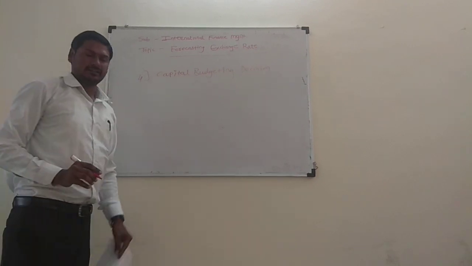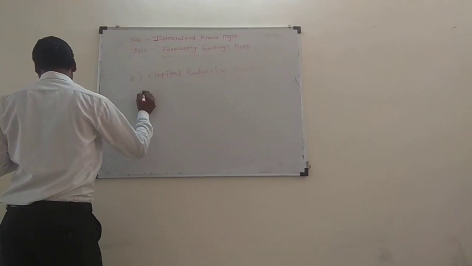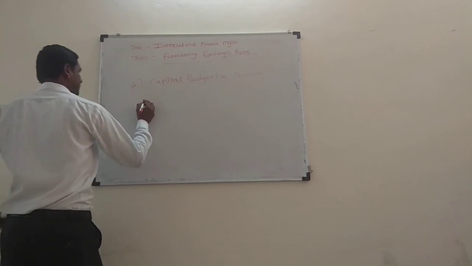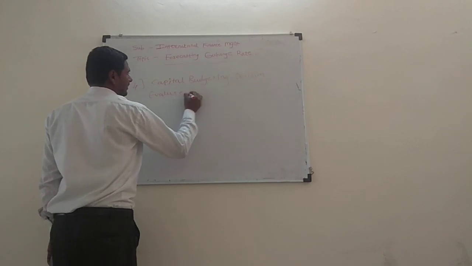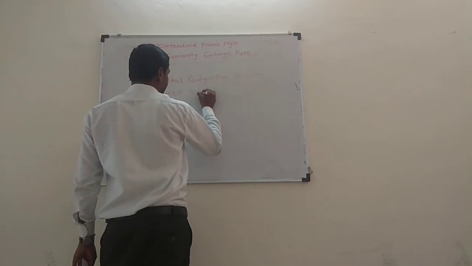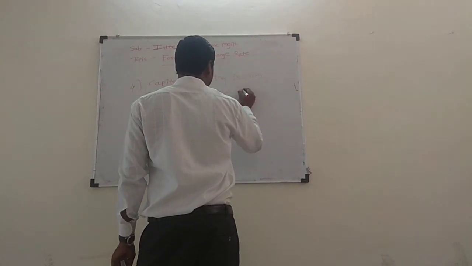In the capital budgeting decision, we are evaluating the potential. What is it? It's evaluating potential expenditure.